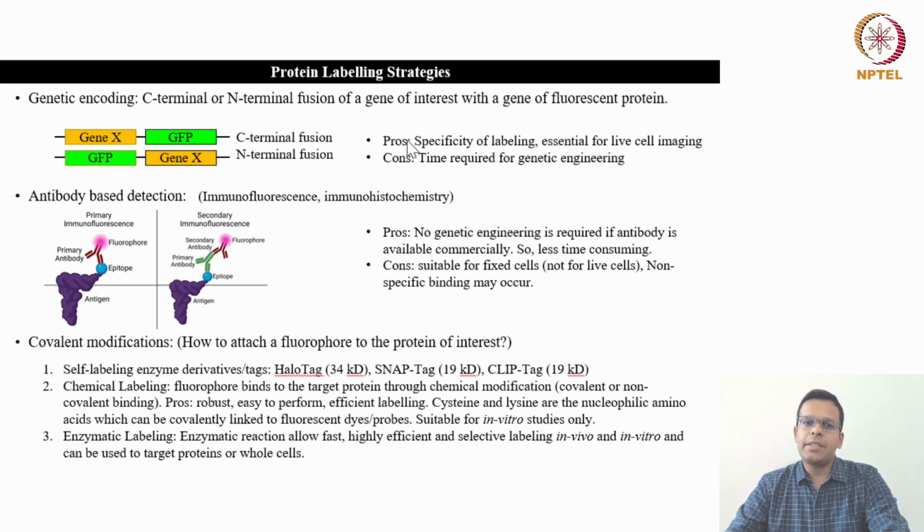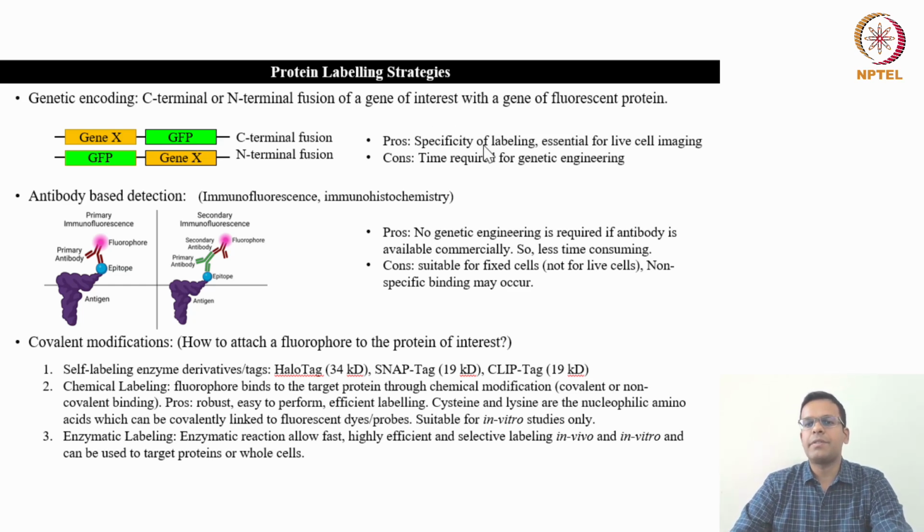What are the advantages of labeling any protein by this endogenous protein fusion? The advantage is that it offers specific labeling, because you are endogenously putting this GFP tag at the C or the N terminal of your gene of interest. So only your protein of interest will be GFP tagged. There is no chance that any other protein will give you the green colored fluorescence.